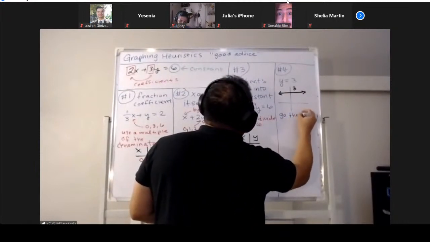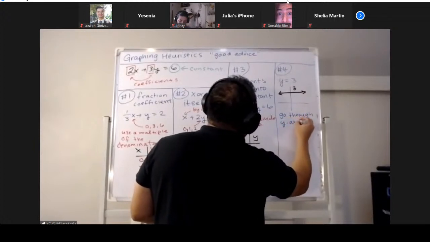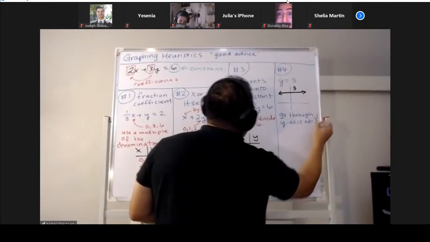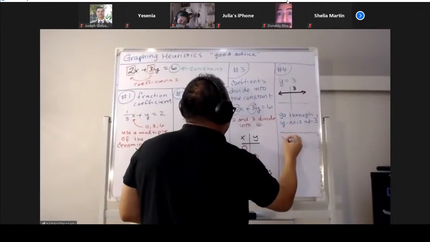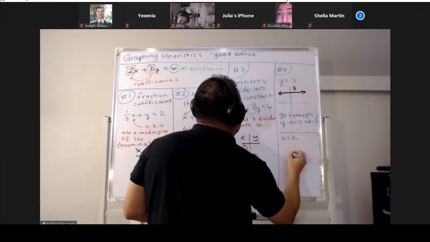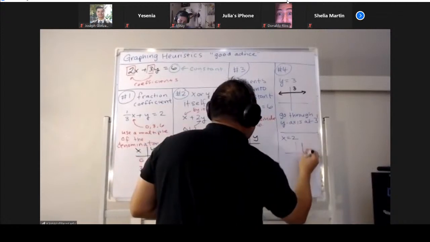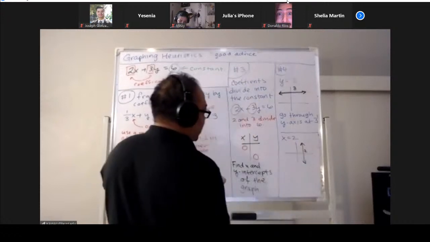Go through y-axis at 3. And in the same way, if you had something like x is equal to 2, you would go through the x-axis at 2. I don't even plot it.